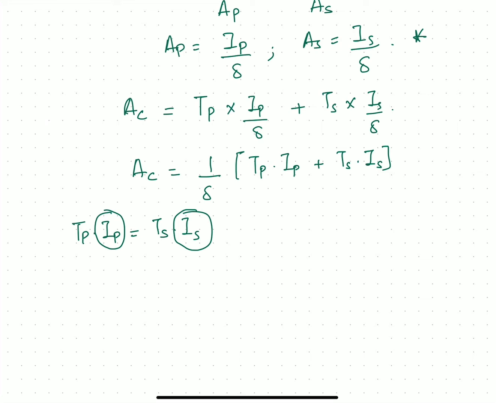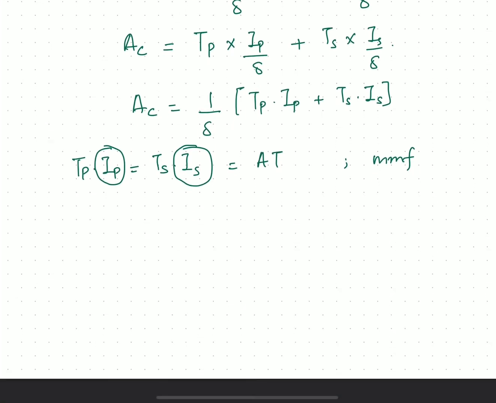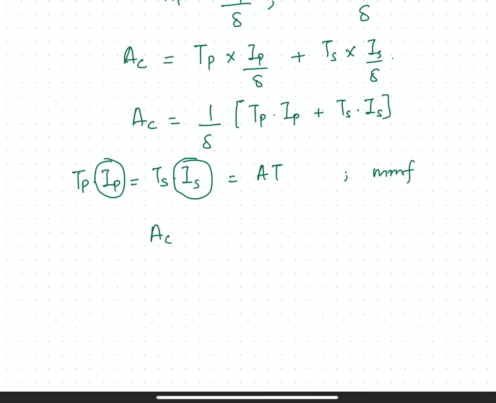So TP times IP can be assumed to be equal to TS times IS, which is equal to AT, the MMF, ampere turns. So this AC can be written as AT over delta.